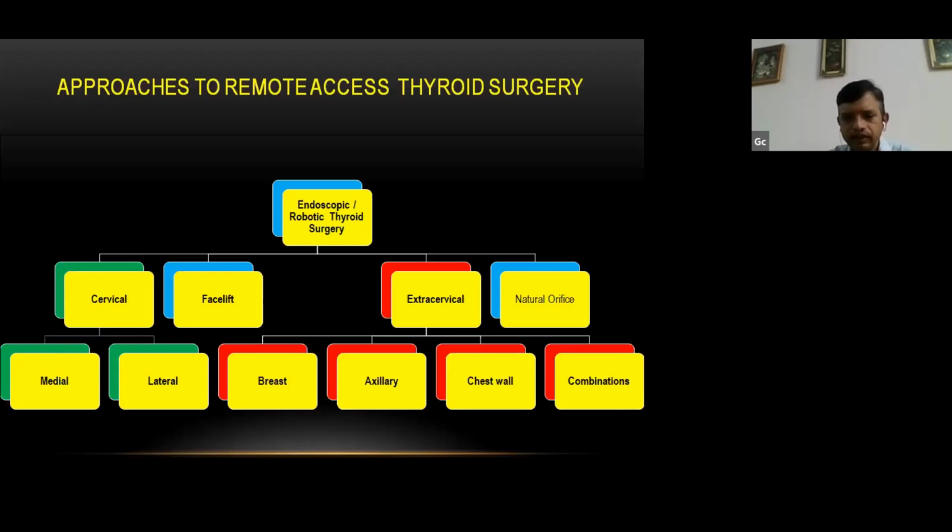So what they did, they made a big transverse incision below the clavicle over the sternum, lifted the flap, and reached into the neck through the endoscope and dissected out the thyroid. So that was the remote access approach. The first remote access approach was developed by the Japanese.